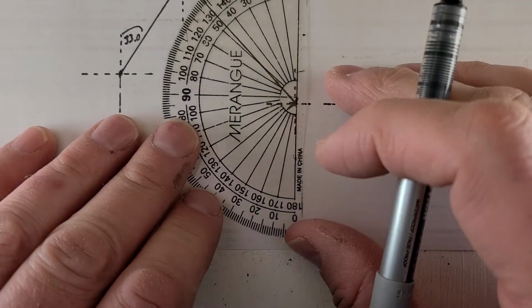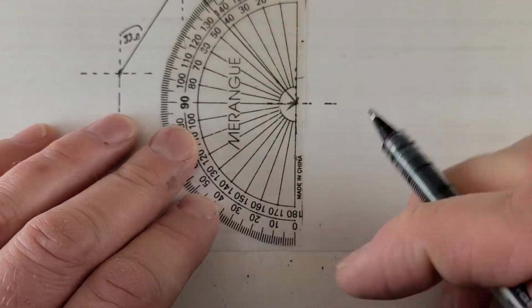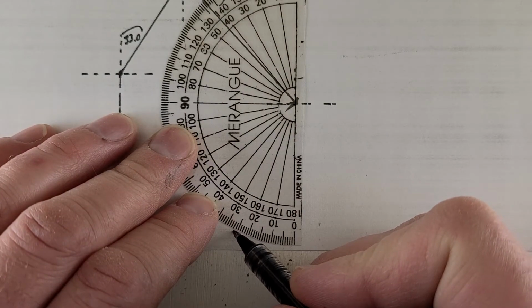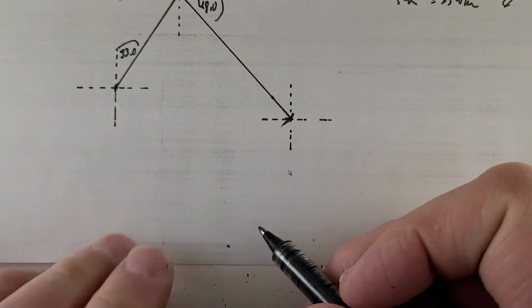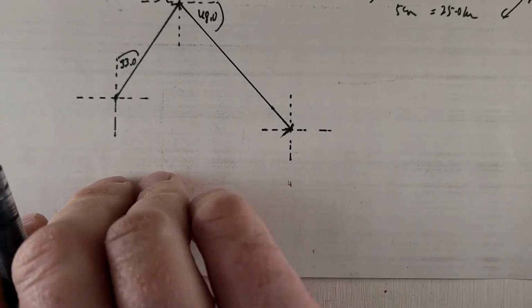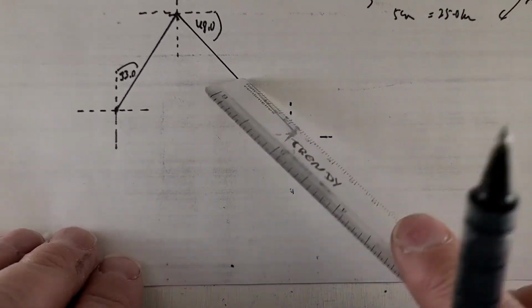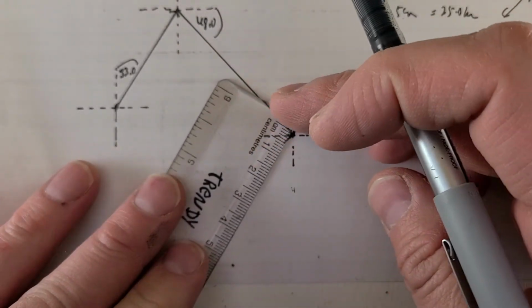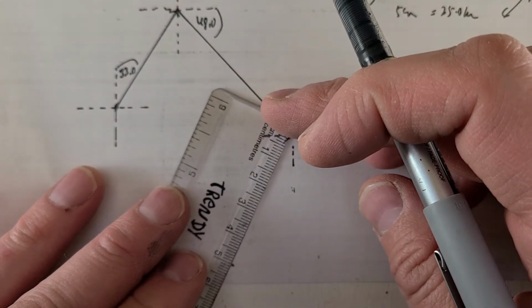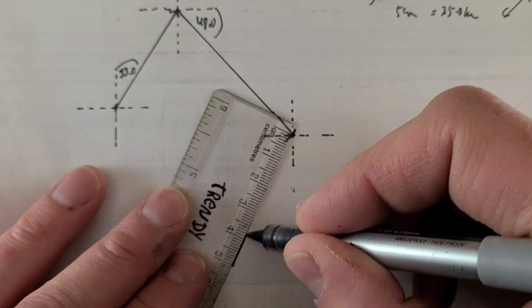So if we take a look there, 26 west, looks about right there at that dot. And let's see, this one I'm making 5 centimeters. So 5 centimeters, it'll be about right there.